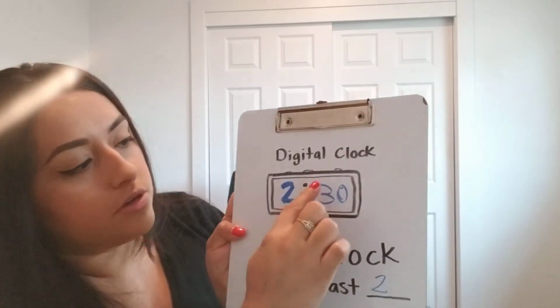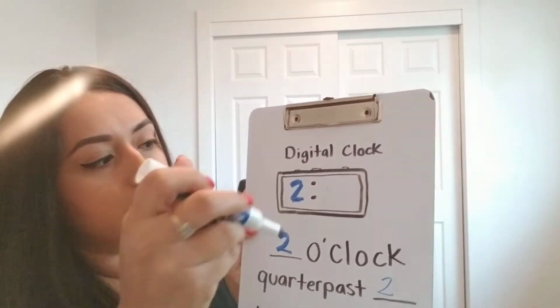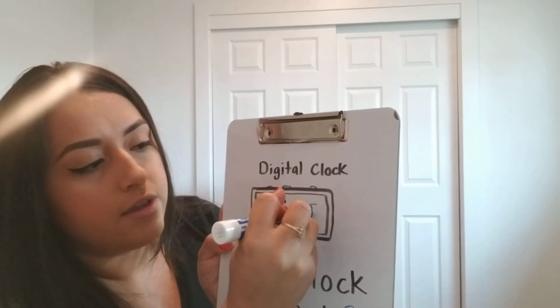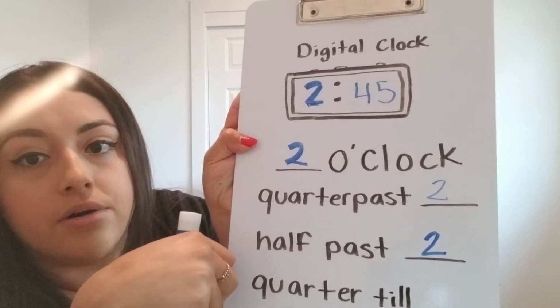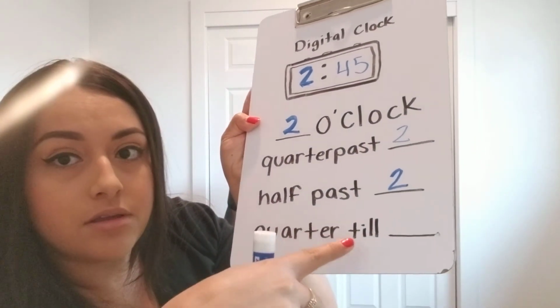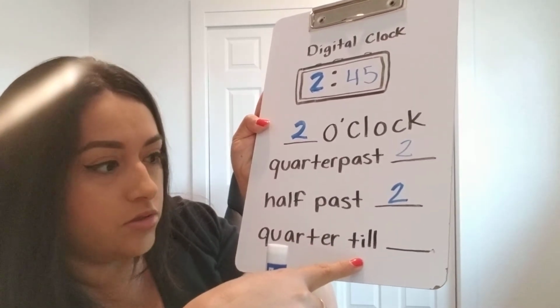So let's see how we do that on our digital clock. It's no longer 2:30. Now it's 2:45. And now it's a quarter till. That means that we have 15 minutes until 3 o'clock.